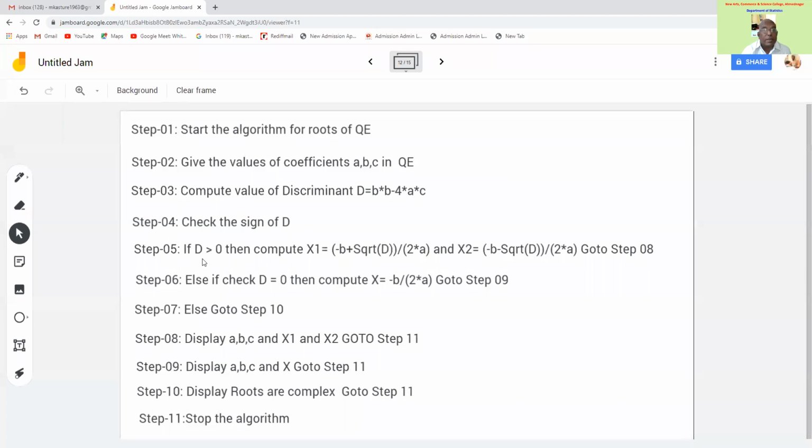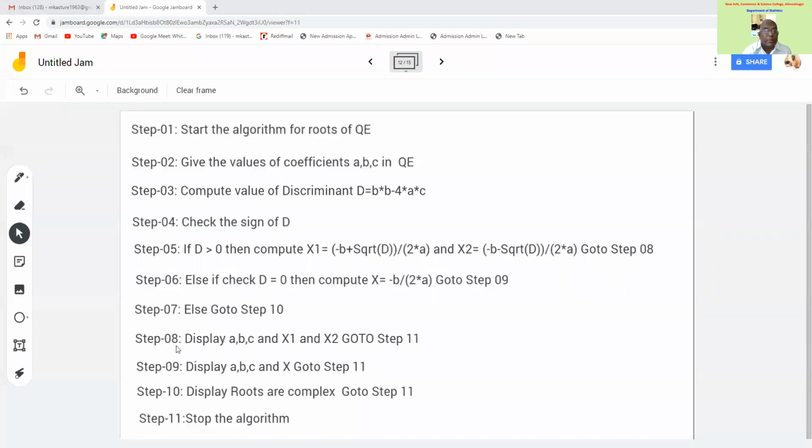And when discriminant is greater than 0, we have to compute two roots, x1 equals minus b plus square root of d divided by twice a, and x2 equals minus b minus square root of d divided by twice a. We have to compute these two roots, and we have to give the message accordingly. What is that message? Roots are real. So if d greater than 0, we are going to perform this action. And once we perform this action, we have to go to step number 8.